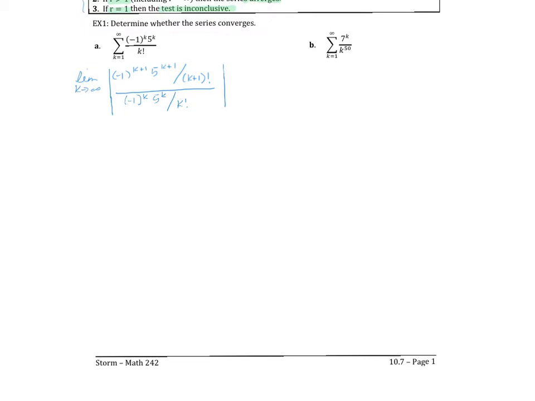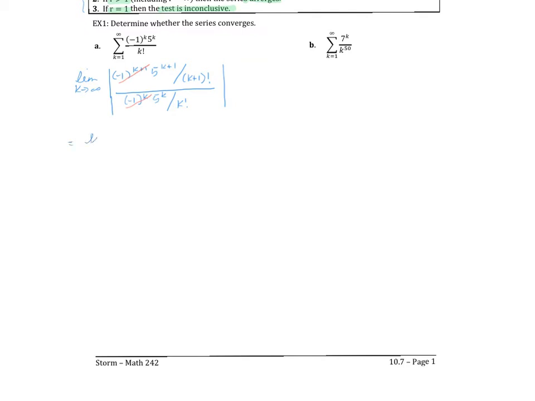Something you should notice is that the -1 to the k plus 1, the absolute value of that is just 1. So I can get rid of that. And the -1 to the k in the denominator, absolute value is just 1. So it's gone. And now what remains does not need absolute values on it because your k values are positive. These are all positive values.